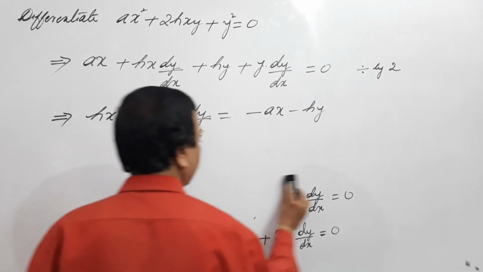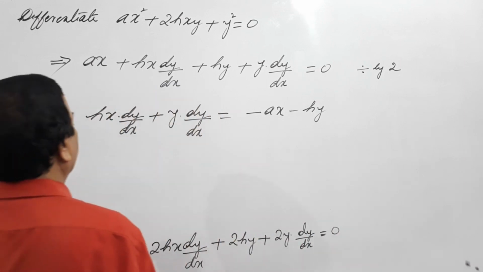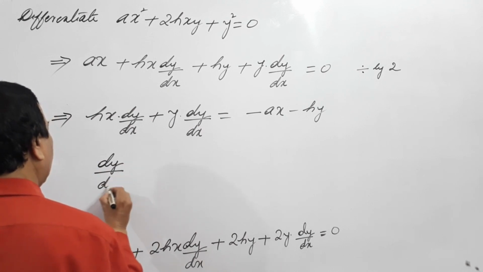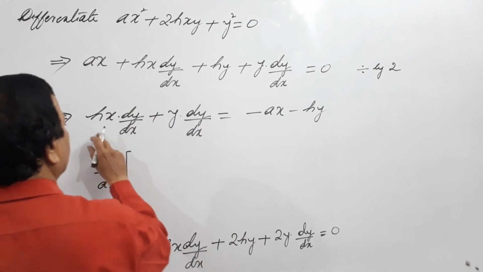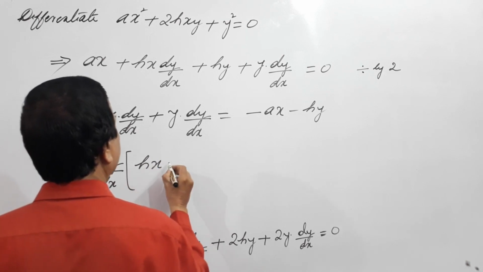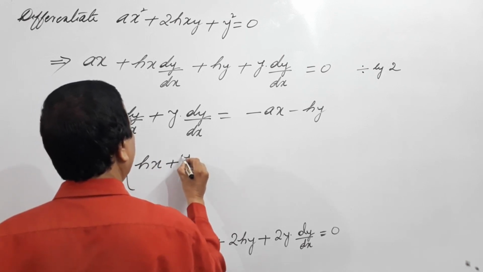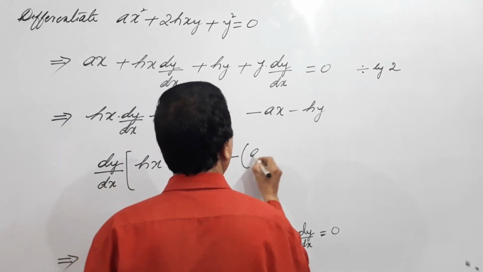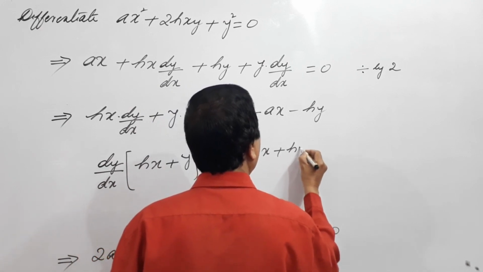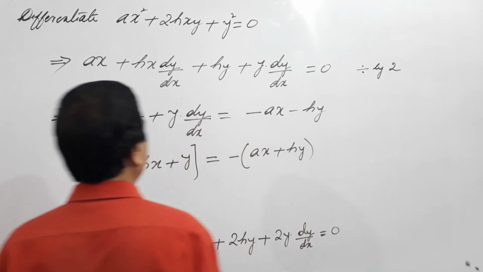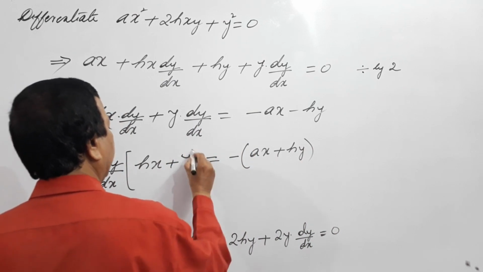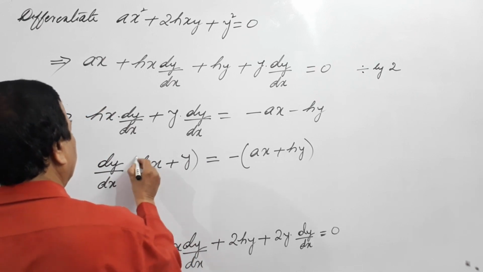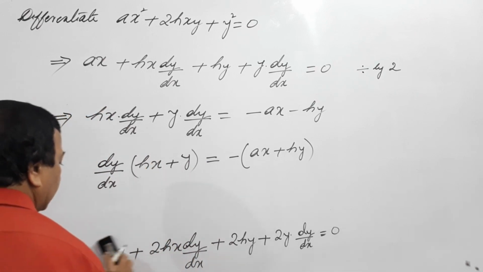I rub this. Now I take dy by dx common. So you have hx plus y equals, I'll take minus common here. This becomes ax plus hy. Or here also I'll use common bracket. I'll rub this.